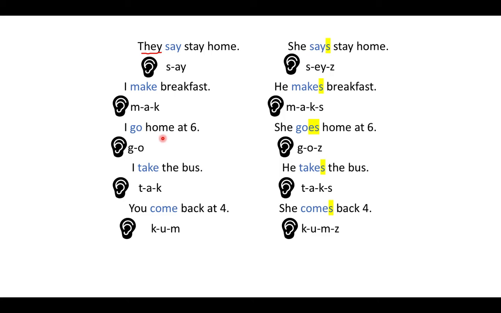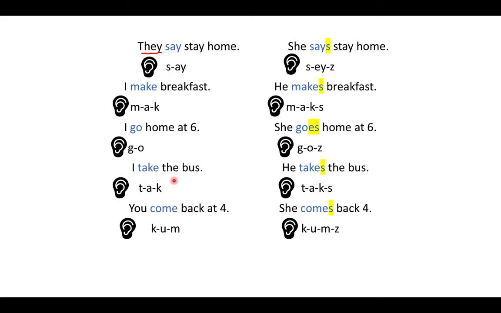I go home at 6. It's an I, so it's just go, no S. But since this one says she goes home at 6, there's going to be an S at the end. This one's just pronounced g-o, and this one is pronounced g-o-z, goes.